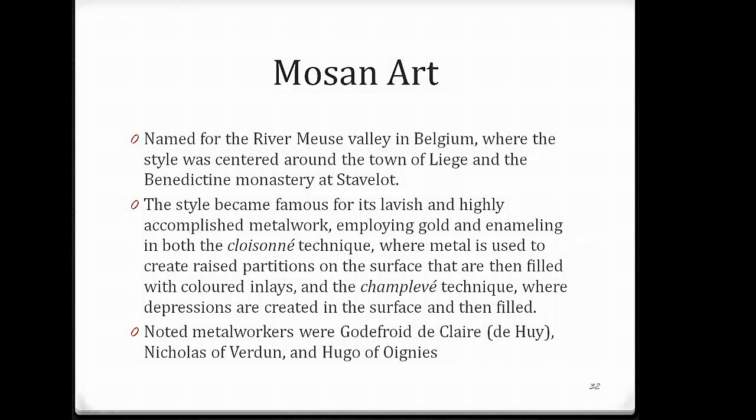Named for the river Meuse valley in Belgium, where the style was centered around the town of Liège and the Benedictine monastery at Stavelot, the style became famous for its lavish and highly accomplished metalwork, employing gold and enameling in both the cloisonné technique, where metal is used to create raised partitions on the surface that are then filled with colored inlays, and the champlevé technique, where depressions are created in the surface and then filled.